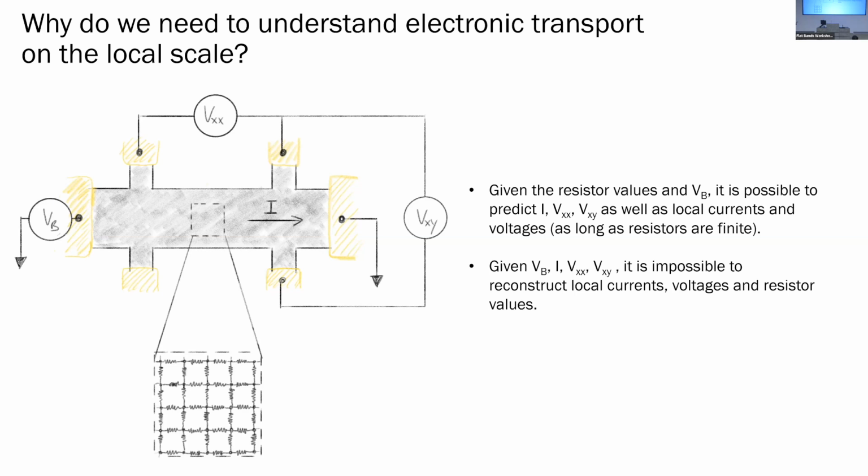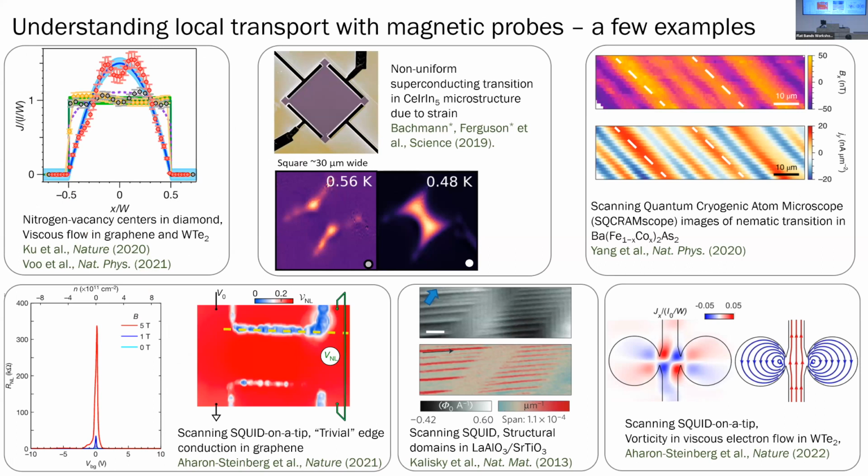And sure, there are a lot of examples where, for instance, assuming that this resistor network is uniform is a good assumption, but there's also an increasing number of examples, and these are really only a few, where that assumption maybe breaks down.